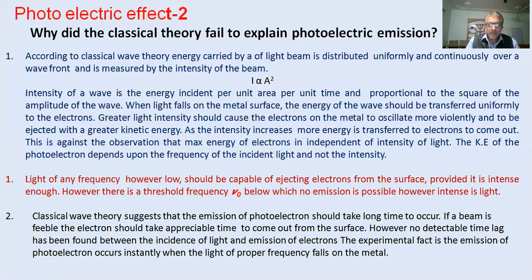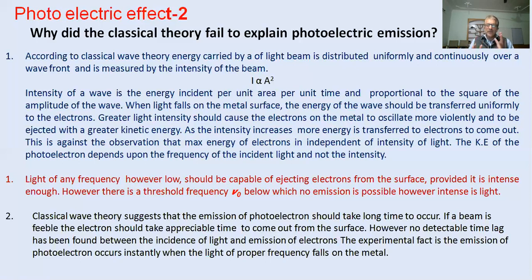And then there was one more problem. The classical theory suggests that the emission of photoelectrons should take a long time to occur. When light is incident on the metal, electrons would gain the energy. It will take time, and then after that, they will come out.